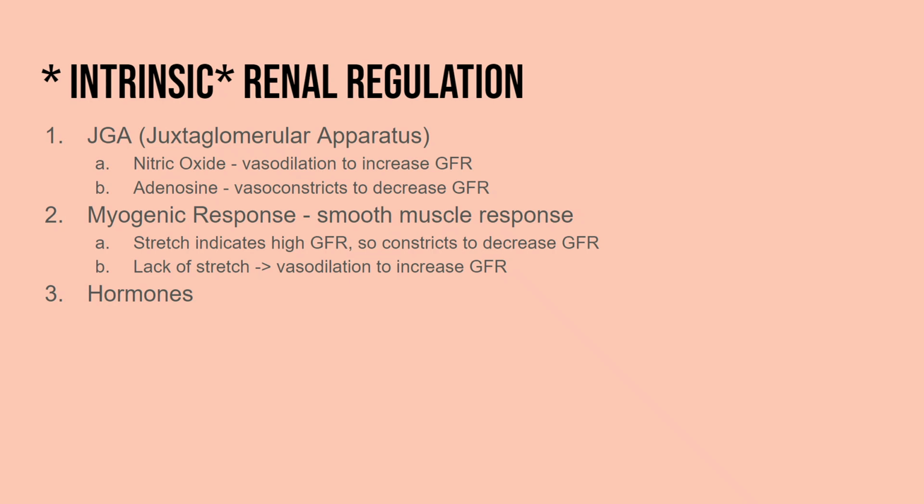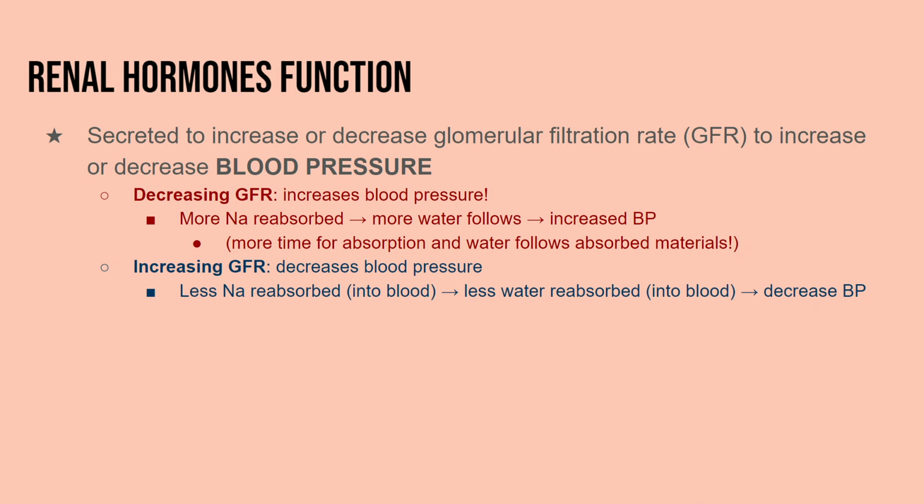Then there are a bunch of hormones that we're going to go over that help regulate the GFR. It's important to understand the effects the hormone is going to have in relation to the glomerular filtration rate. The hormones are secreted specifically to either increase or decrease the glomerular filtration rate, which has an impact on blood pressure.